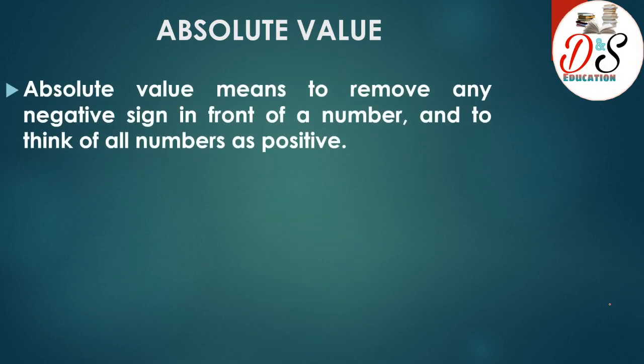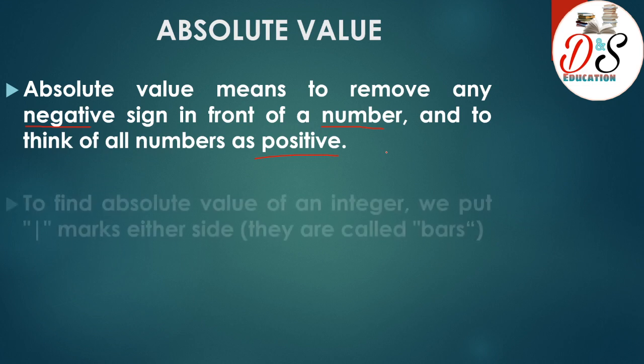Basically, absolute value means removing any negative sign. We are removing the negative sign in front of a number, and here we are talking about integers. To find the absolute value, any negative or positive integer is considered a positive integer.